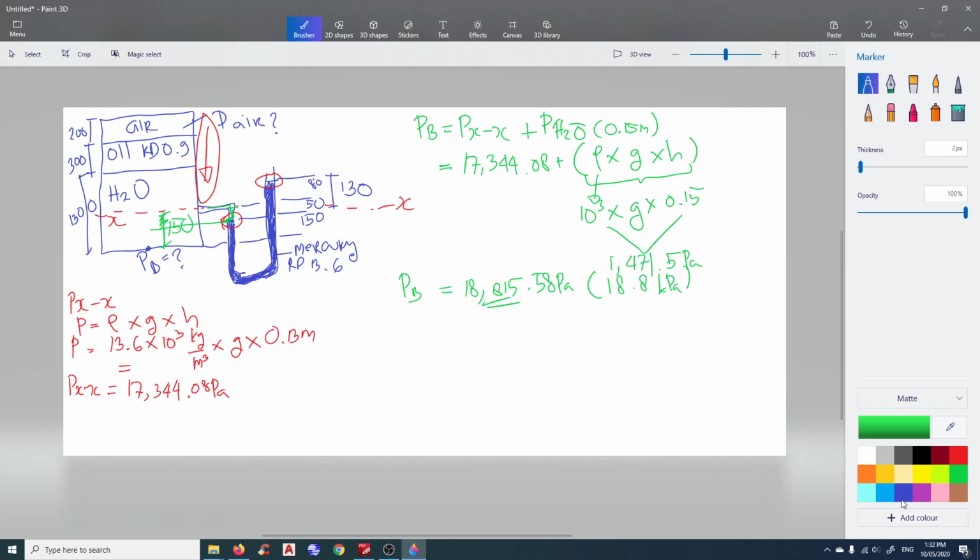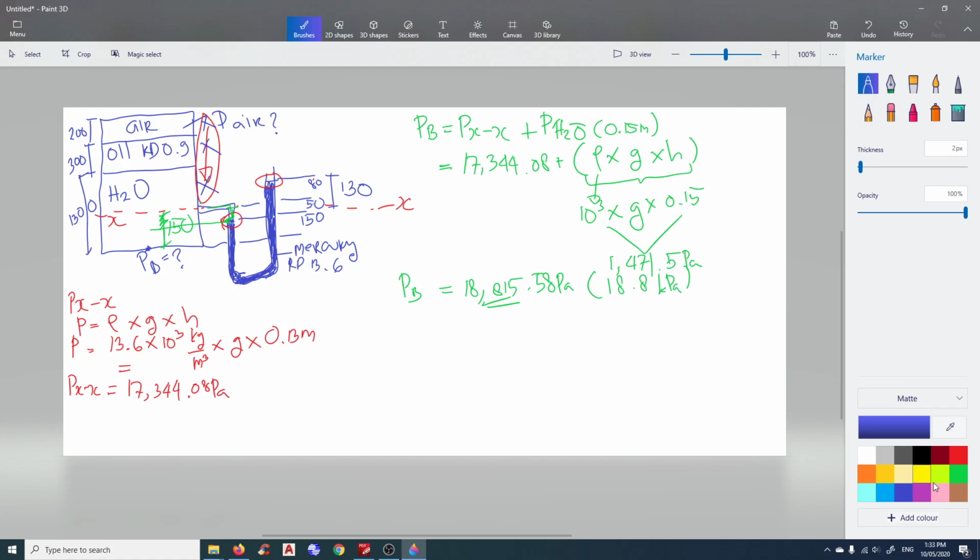Now, the next question is, what is the pressure of the air? Well, we're just going to do the reverse now. Let's come back to point XXX here. Remember, when we talk about point XXX, it is the combination of the pressure of the air, the oil, and the H2O.